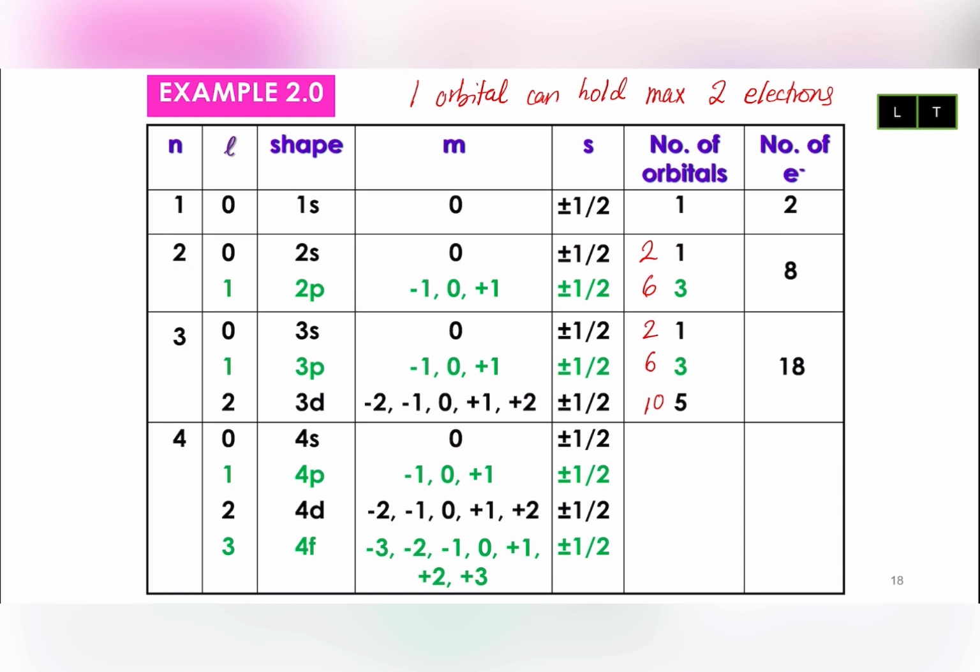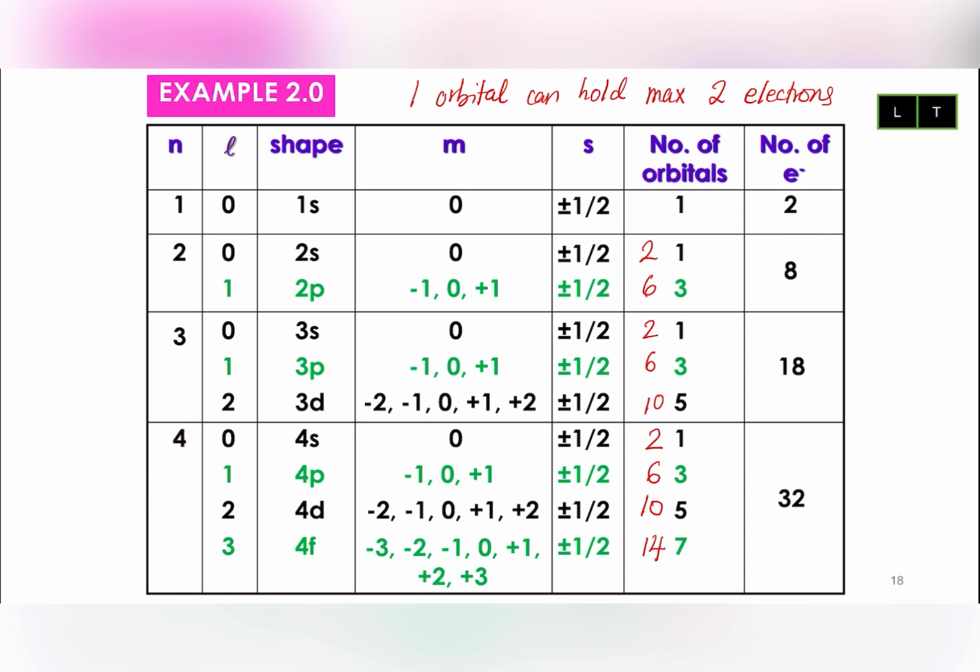We have 1 orbital for 4s, 3 orbitals, 5 orbitals, and 7 orbitals. One orbital can hold a maximum of 2 electrons. So for each of them: 2, here is 6, here is 10, and here is 14. When you add up everything, you will have 32 electrons in the fourth shell or fourth energy level.